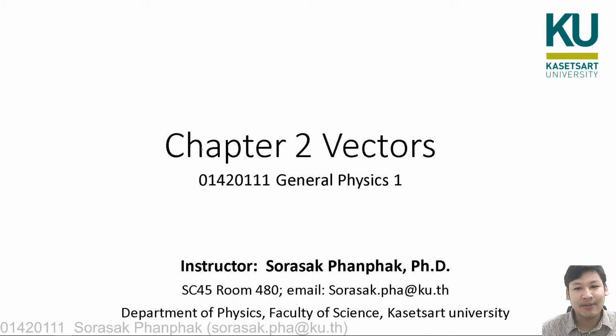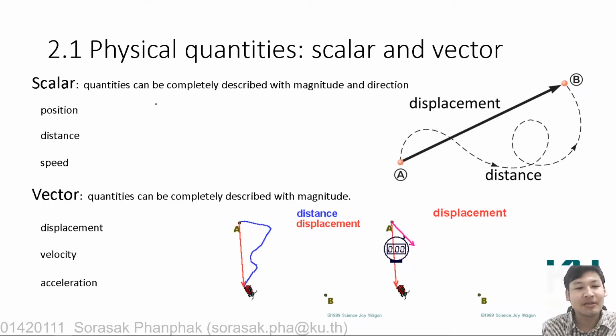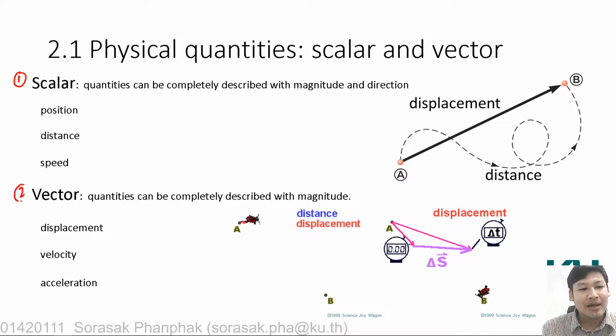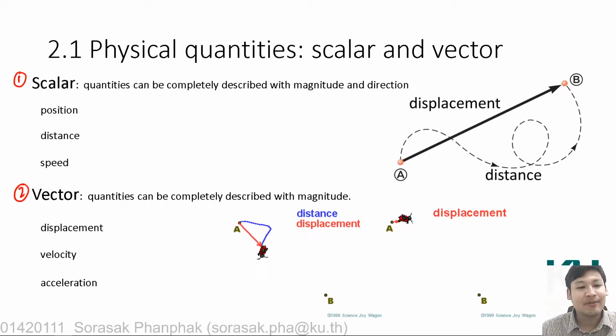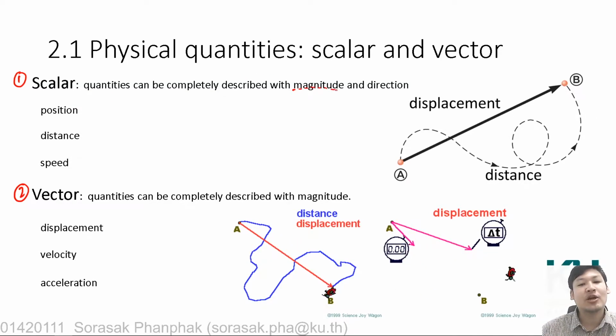Let's start with this. To understand vectors, or the properties of vectors, you have to know about two different quantities. The first one we call scalar, and the second one, what we're going to learn today, is vectors. What is a scalar? A scalar is a quantity for which you require only magnitude, and you can complete it.